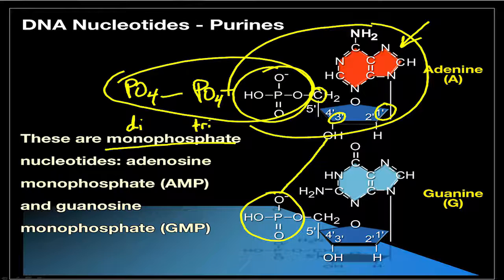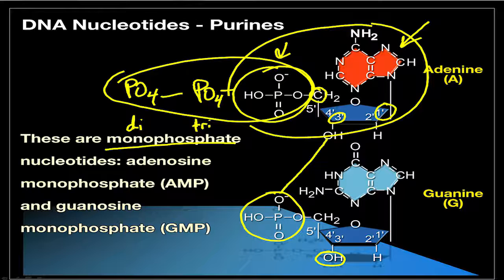So what that means is, think of this as just a little tiny chain. There's always a free OH at the one end, which is the 3' end, and there's always a free phosphate group at the other end, which is known as the 5' end. I don't want to go too far into that. It gets into biochemistry, but I think it's a reasonable amount of detail to know.